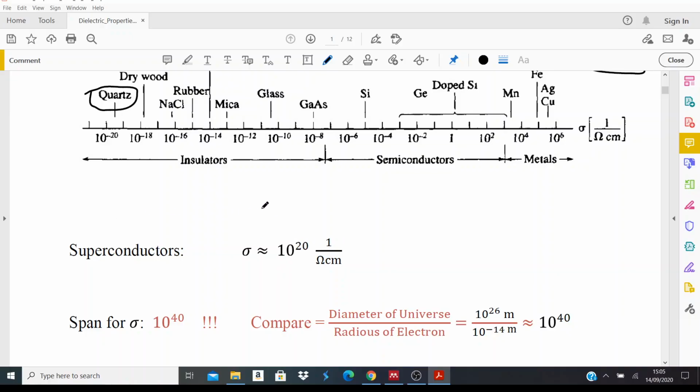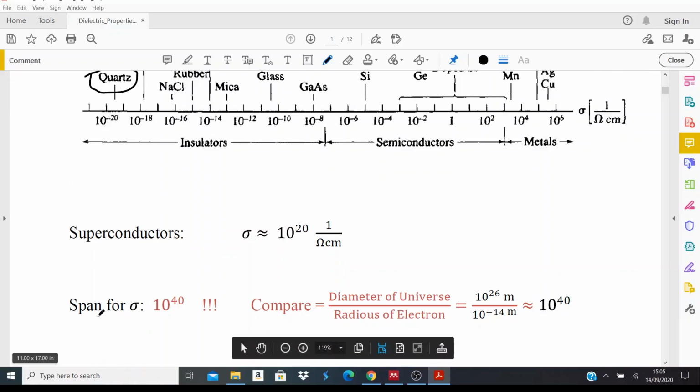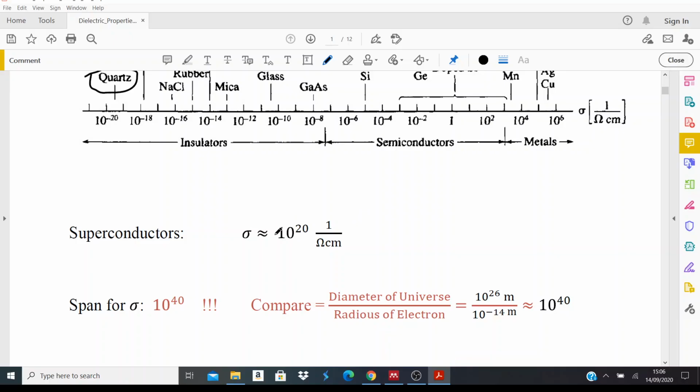So if somebody asks you, for some materials, what is the span of the conductivity in units of 1 by ohm centimeter, you would say that's 10 to the power 40, right? It starts from minus 20 all the way up to somewhere for the superconducting materials. The best conductors are the superconductors, and the best insulators are somewhere at the very left end of the spectrum.